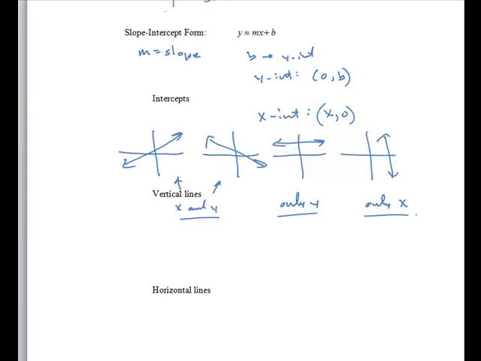The slope of the line also ties into what type of graph it is. If the slope is positive, the line is going to increase. If the slope is negative, it's going to decrease. If the slope is equal to 0, it's going to be a horizontal line. And if there is no slope, or if the slope is undefined, it's a vertical line.